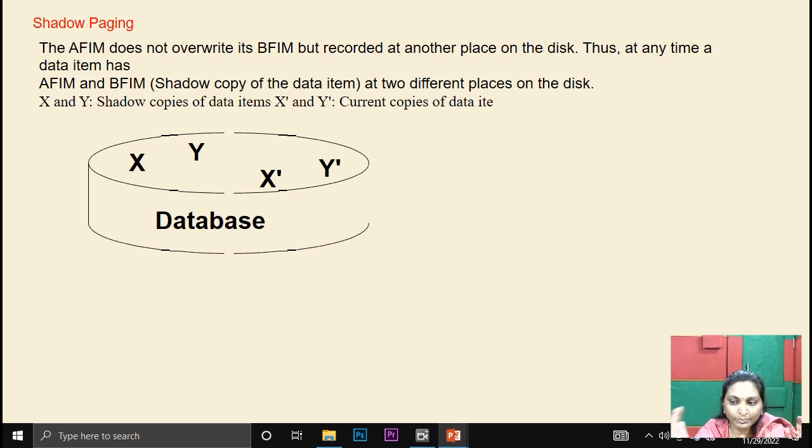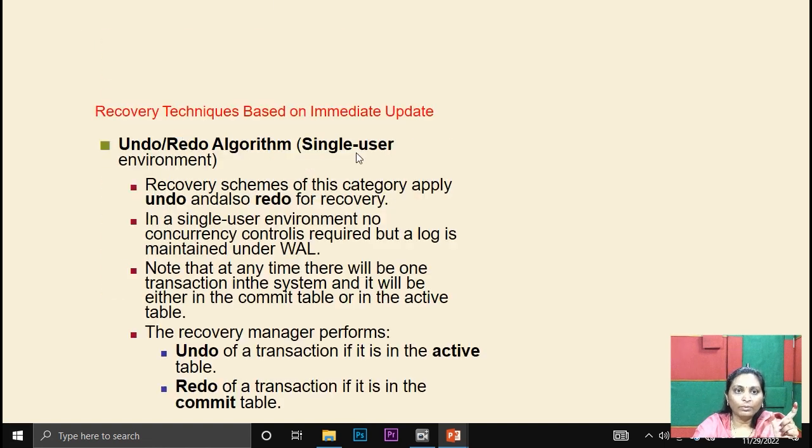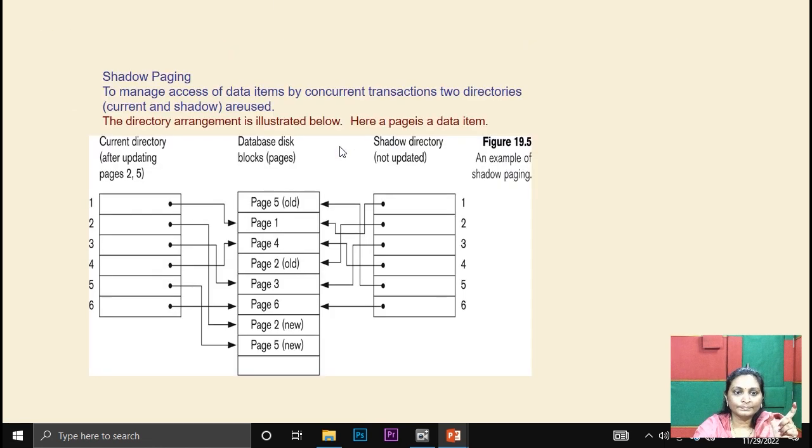For example, 10,000 and 15,000. Before the deposit, the balance of that person is 10,000. After a deposit of 5,000, the balance of that person is 15,000. These are the two values, before the update or before the deposit and after the deposit. These two values will be stored at two different places. That is nothing but the shadow copy of the data item.